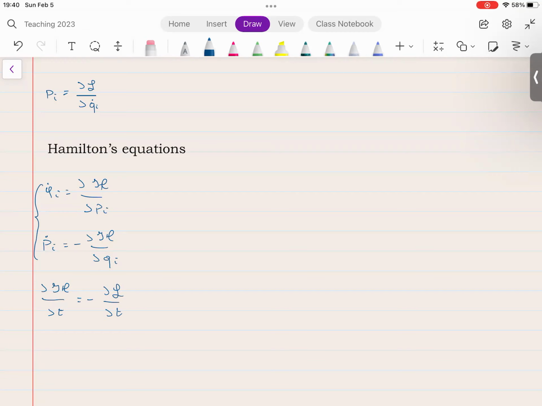You get 2n equations if you have n degrees of freedom in your system, or at least n coordinates in your system. You may have fewer degrees of freedom than the number of coordinates, but you can still write the equations. Then you'll just get conserved quantities.